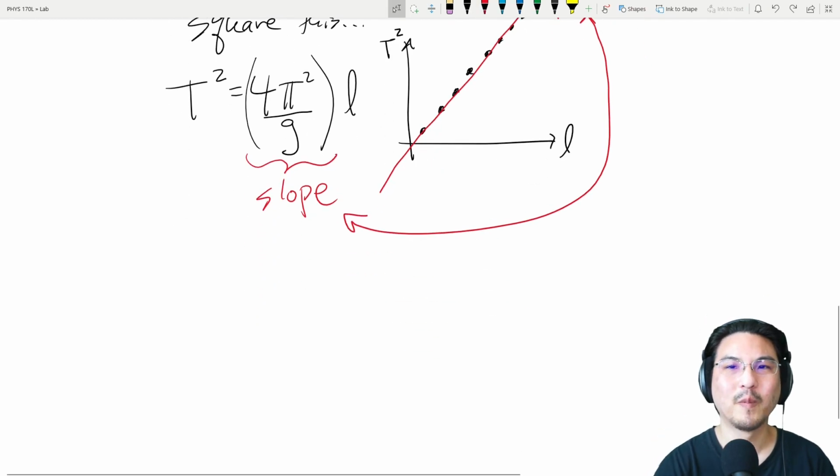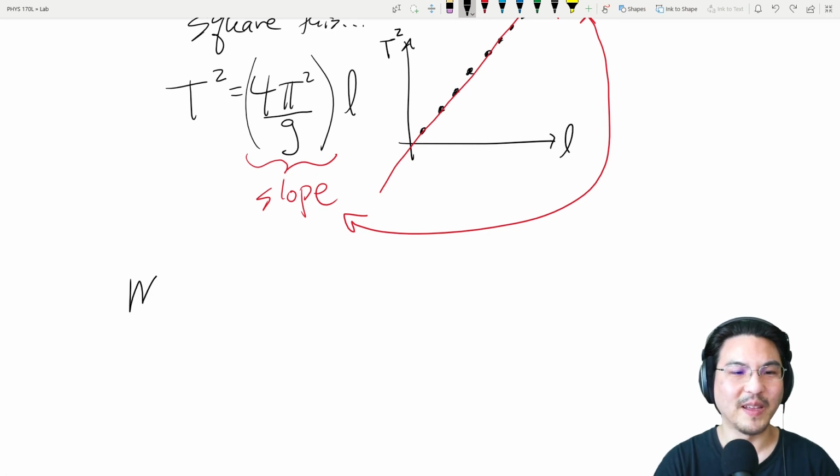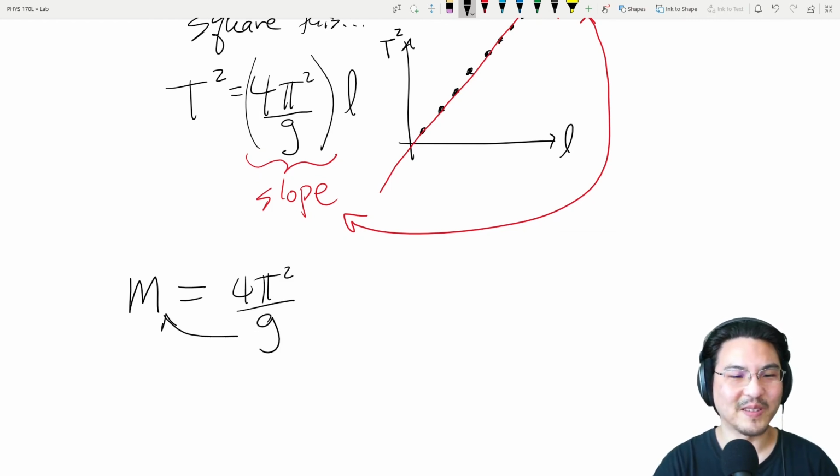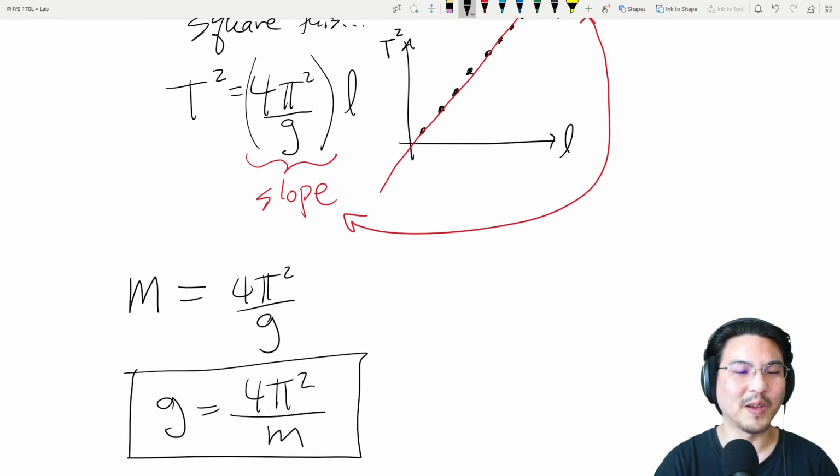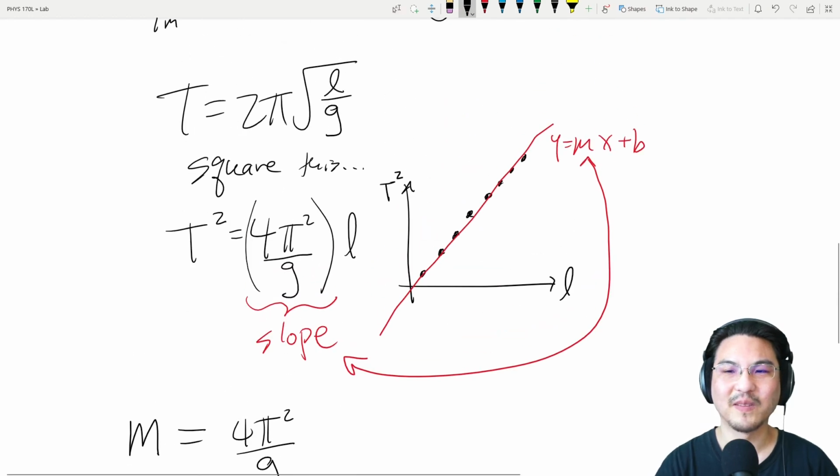Because that slope from your fit, m, is this, 4 pi squared over g. So let's rearrange, let's trade these. That means g is 4 pi squared over m, which is the slope you got from your trend line. This one, right here.